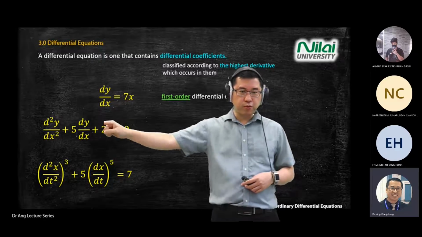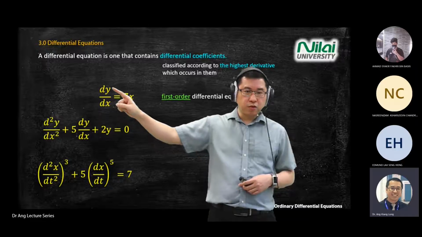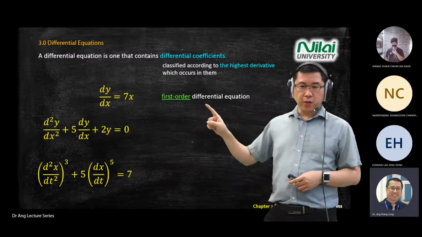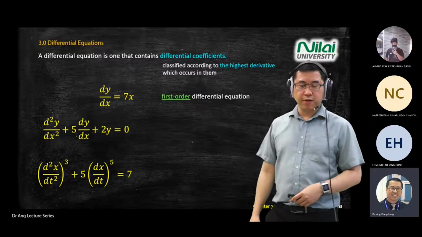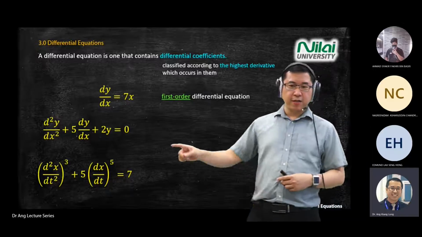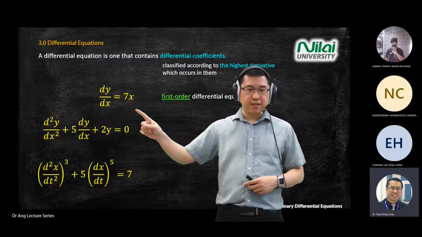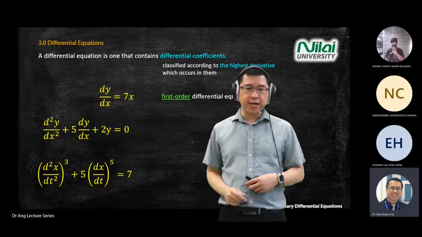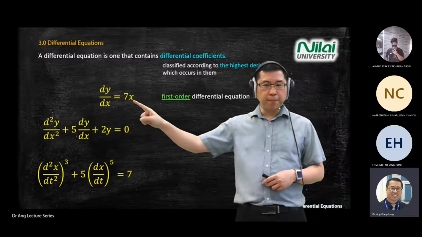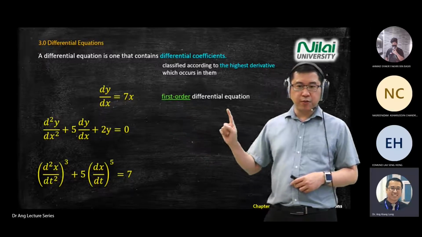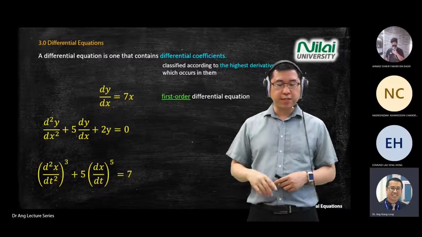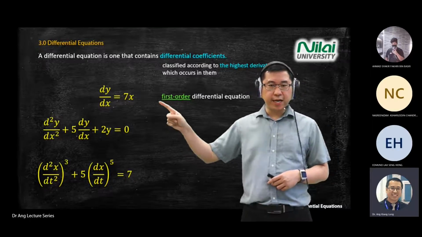So if you see 1 and 1, it falls under a first order differential equation. Nothing complex here. Look at the equation and you should guess the name of that type of equation. We already completed first order differential equations in the previous chapters 1 and 2.